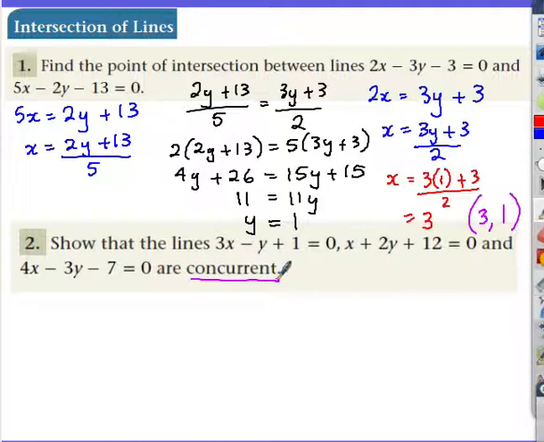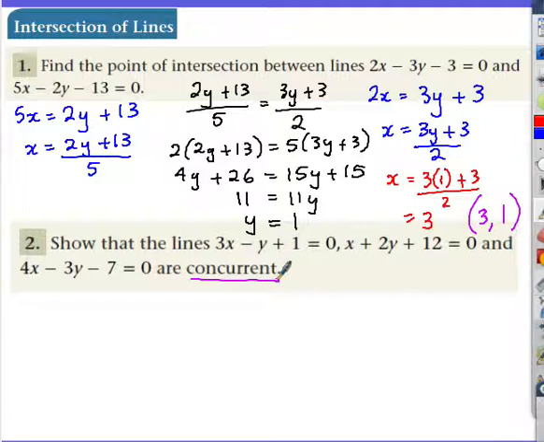And if it satisfies the equation of the third line, then it lies on that third line. So concurrent means lines that go through the same point. To show that these three lines are concurrent, we want to find the point of intersection of two lines by doing simultaneous equations, just like we did in the first one.